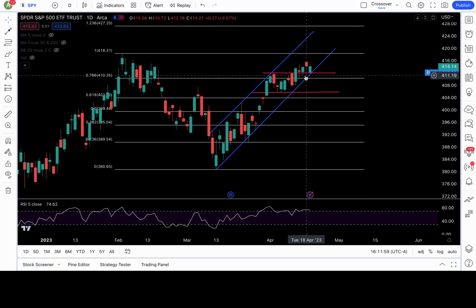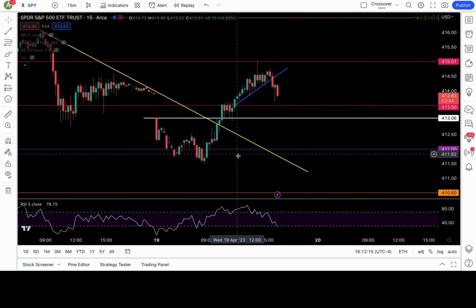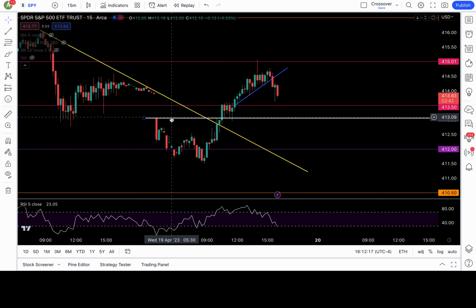I mentioned in the Discord and in Substack, if you're subscribed, that the bulls needed to get above 412 and clear the resistance level at the 413 and 413.5 zone. The level 413 was around where the gap started from the pre-market, and 413.5 was a level I had based on the daily chart.